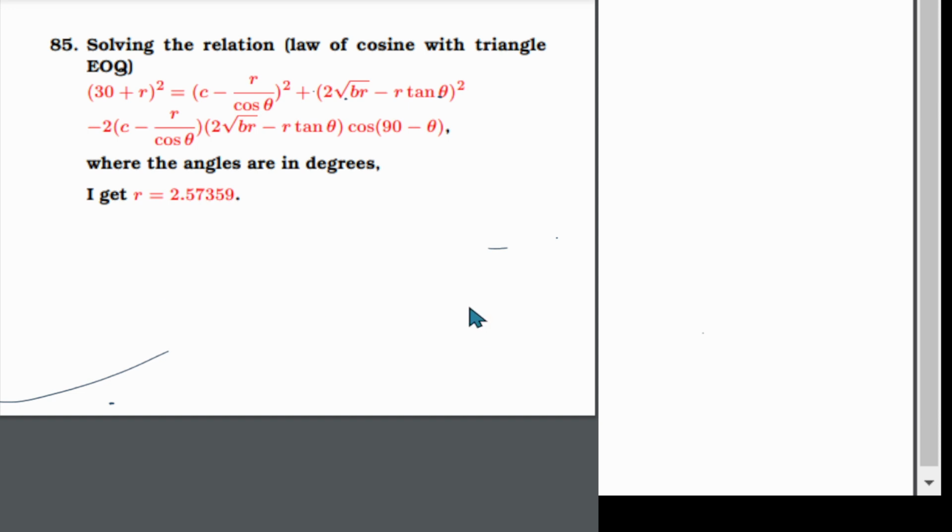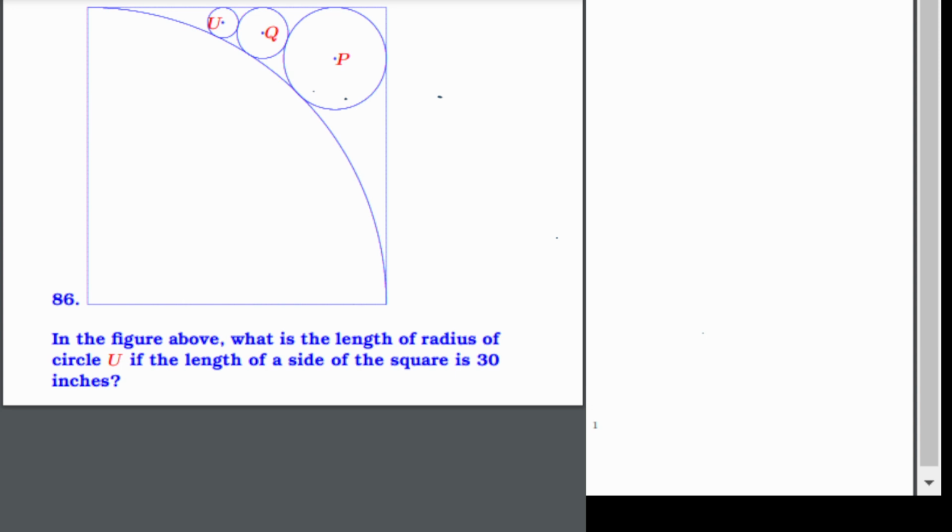Okay, if you have any trouble, just rewind the video and study. Now, next time I will go over challenge question 86. After we got this radius, which is 5.14719, and this radius also, 2.57, you remember just before, the next question is finding this radius.